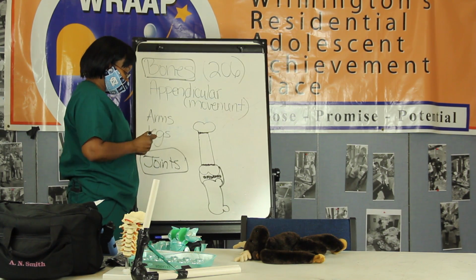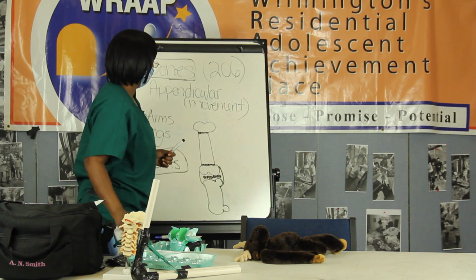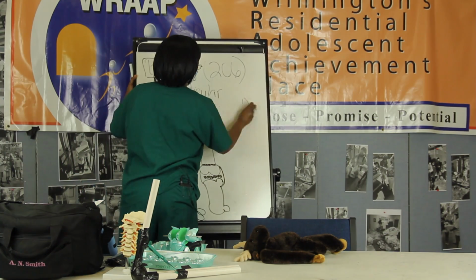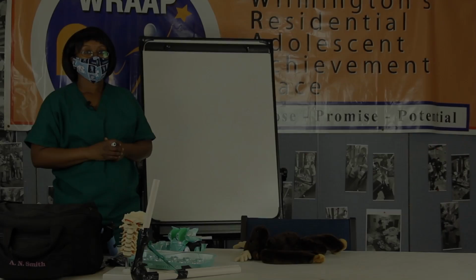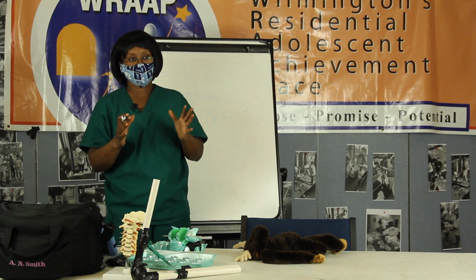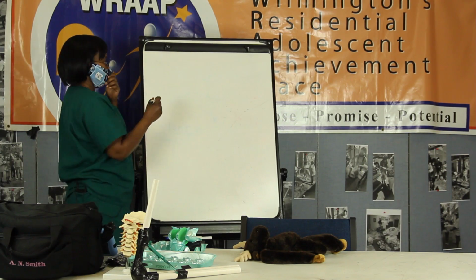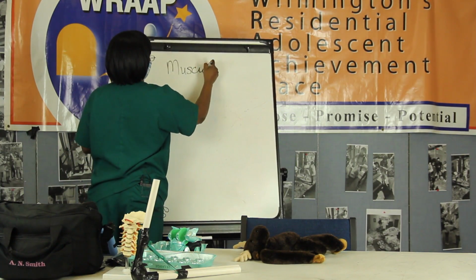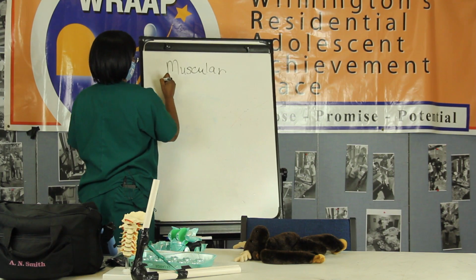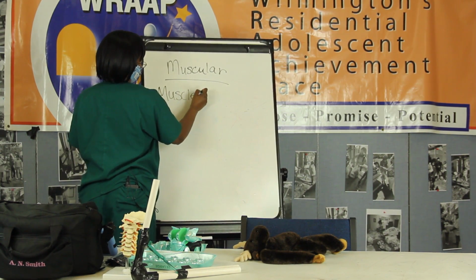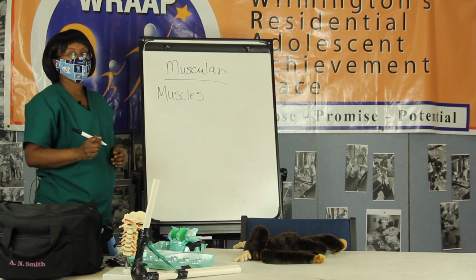So now that we've talked about the skeletal system, let's add in the muscular system. Of course, muscles is what we think about. In the muscular system, we have muscles, and there are all types of muscles.